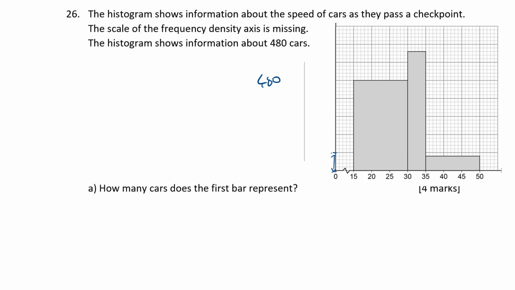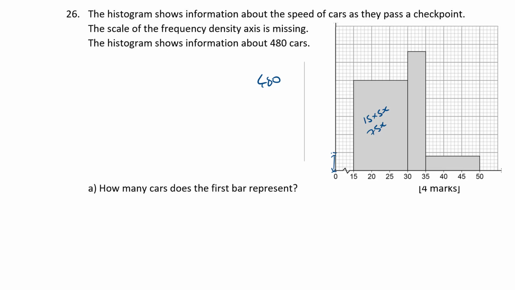So that makes the area of this first bar, I've got 1, 2, 3, 4, it's of a height 5x, isn't it? And the base of it is 5, 10, 15. So this is going to have an area of 15 times 5x, which is 75x.